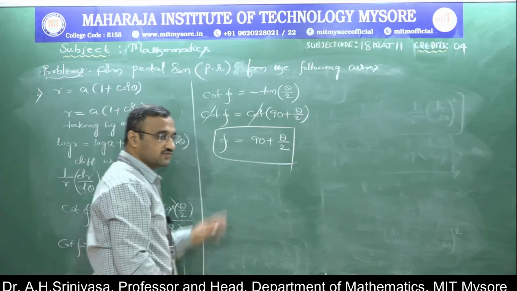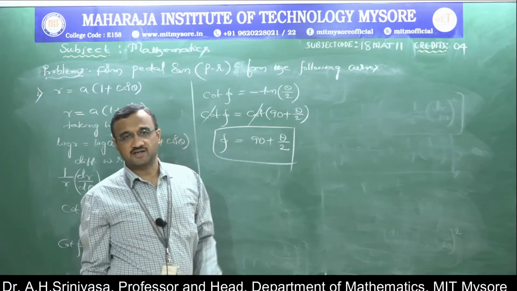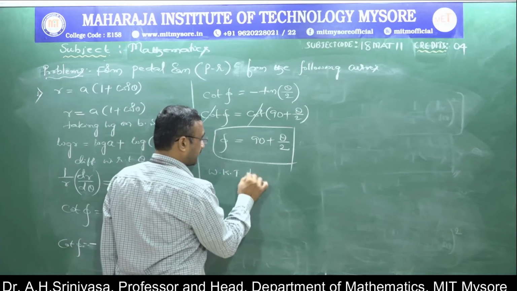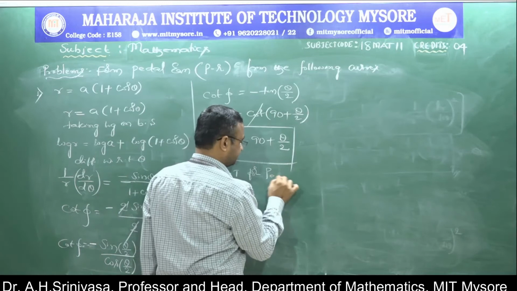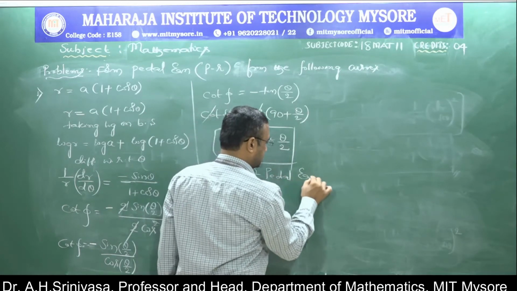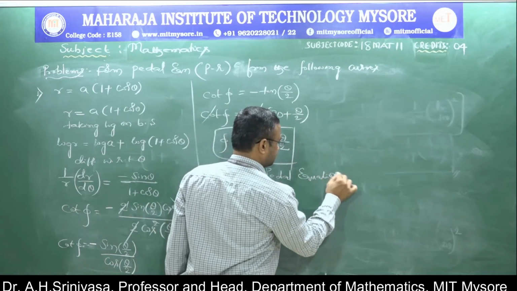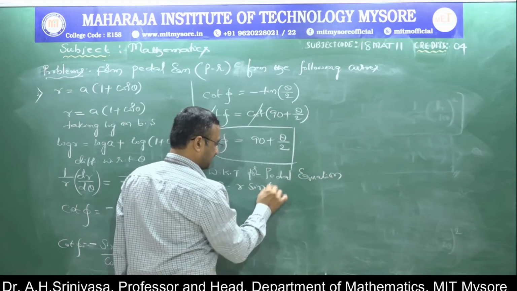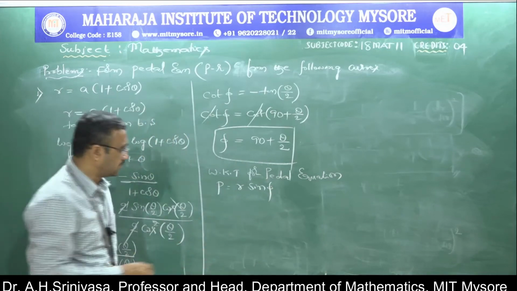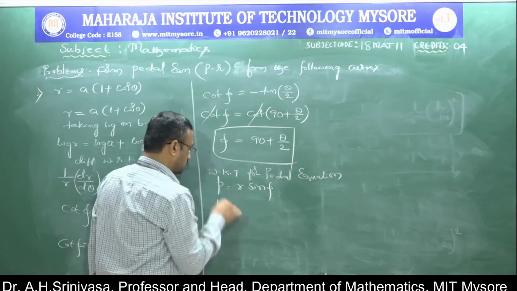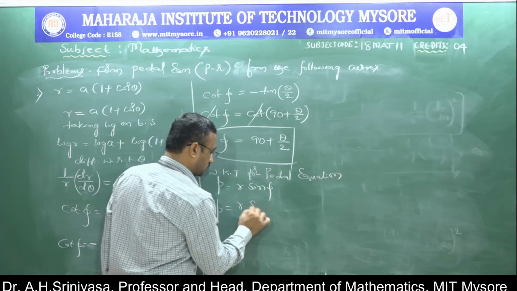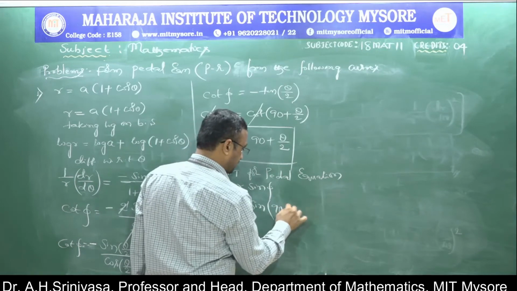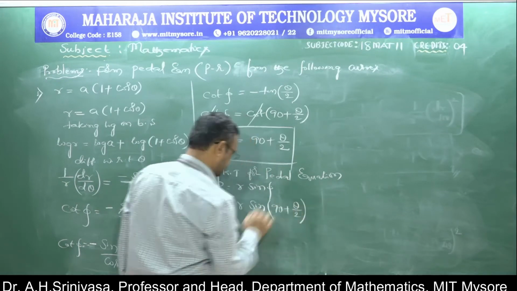For the pedal equation, once you get the value of phi, then use the pedal equation formula. We know that for a pedal equation, p equal to r into sin phi. Okay, then p should be equal to r into sin of the phi value you have to write down here, 90 plus theta by 2.